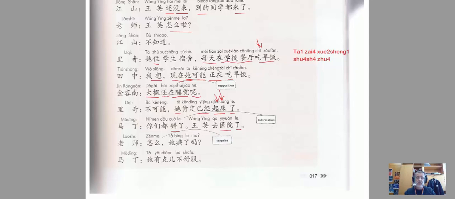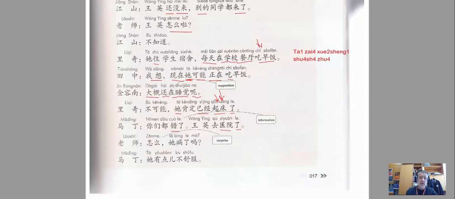It means that this process of going to the hospital is complete at this point that we're talking, and also 了, I guess, means that there has been a change of state in the sense that she previously wasn't in hospital, and now at this point in time that situation has changed and she's gone to the hospital.